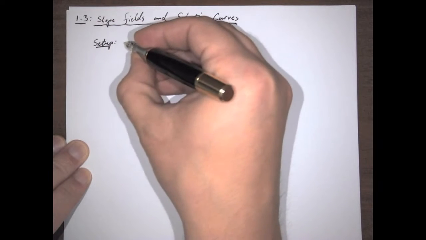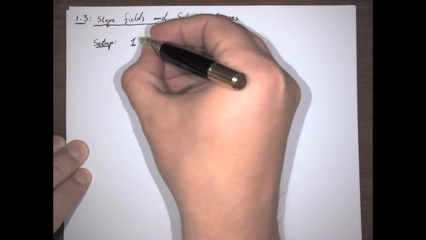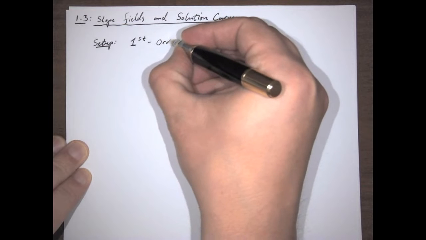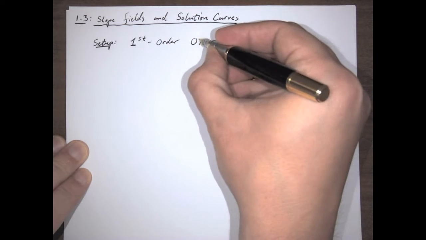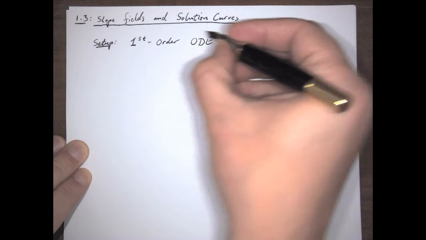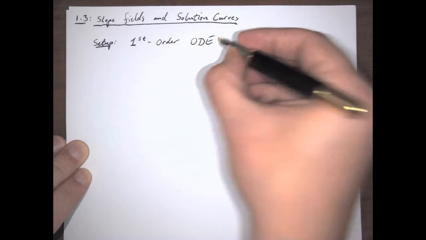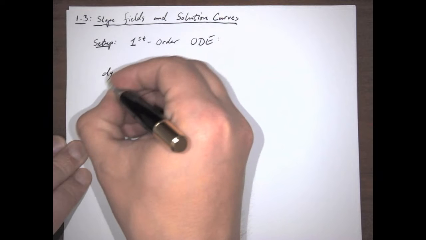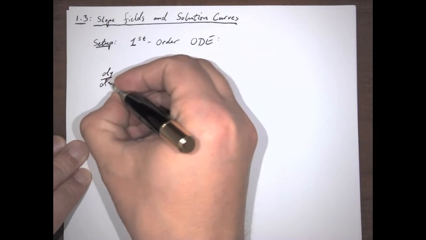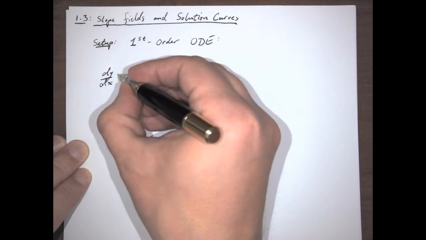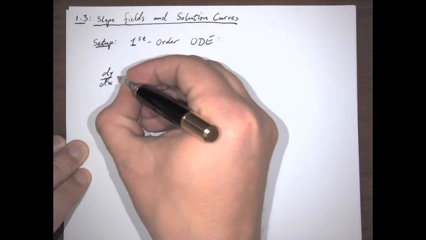We're going to be interested right now in a first order ordinary differential equation. So remember what that means. First order means first derivative. Only the first derivative is involved. Ordinary means that it's not a partial derivative, but a straight up derivative.